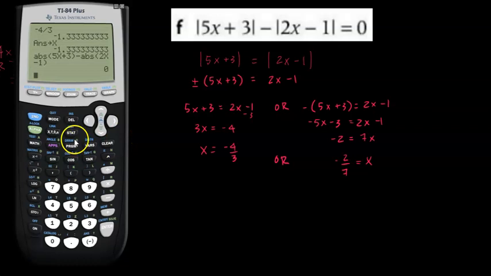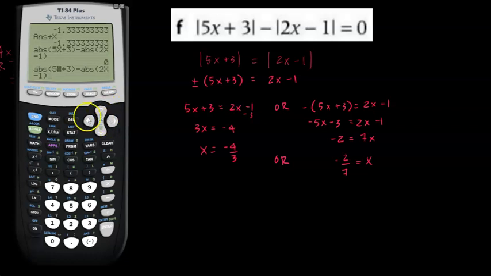equals 0. Yes. Now I'm going to take that, my x equals something else, and so I'm going to go ahead and delete, insert. I'm going to insert negative 2 divided by 7. And then delete, and I'm going to insert.